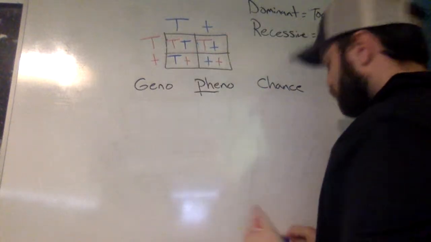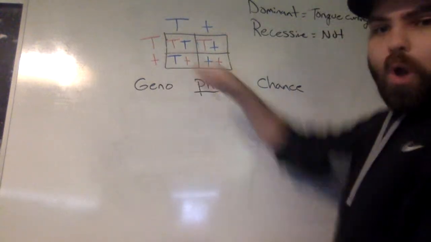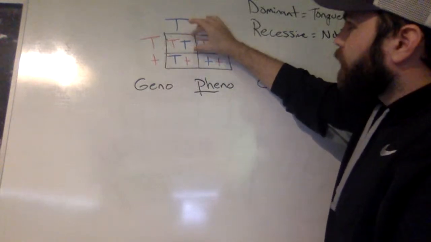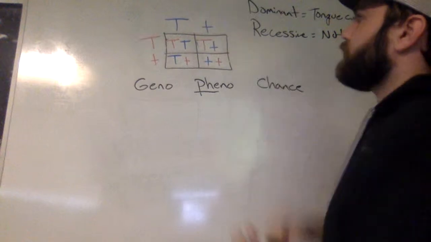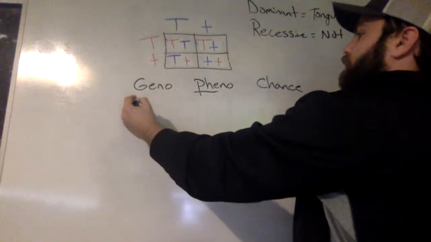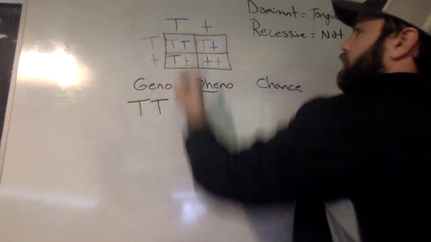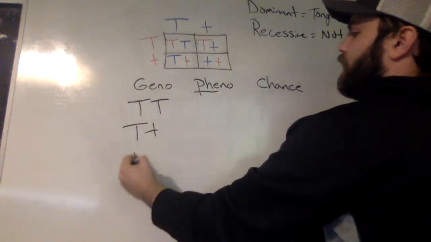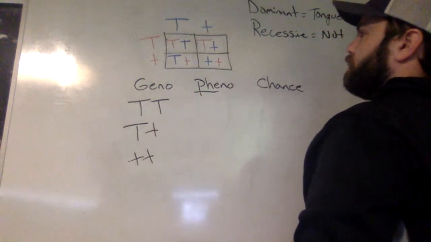Now let's do all the genotypes. So our first box is capital T, capital T. So there's our first genotype. Go to the next one. We got capital T, lowercase t, and then we got lowercase t and lowercase t.